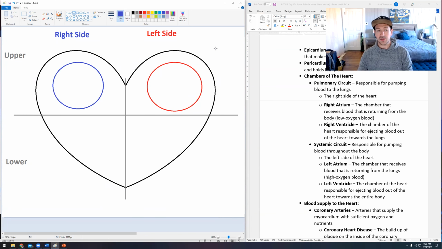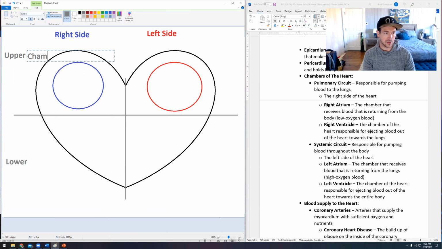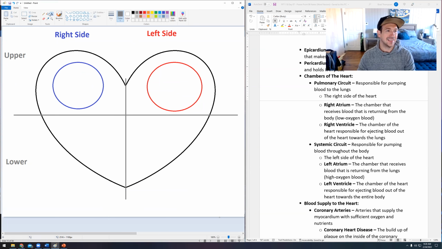So these chambers are representing where blood is going to go. Now, this upper portion of the heart is responsible for gathering blood, right? Let me redo my chart.